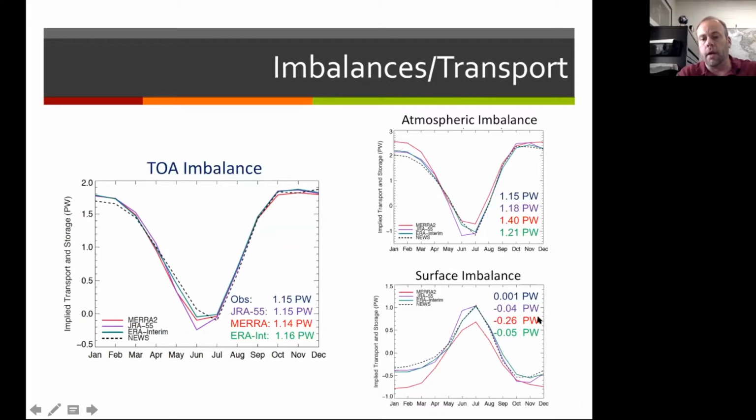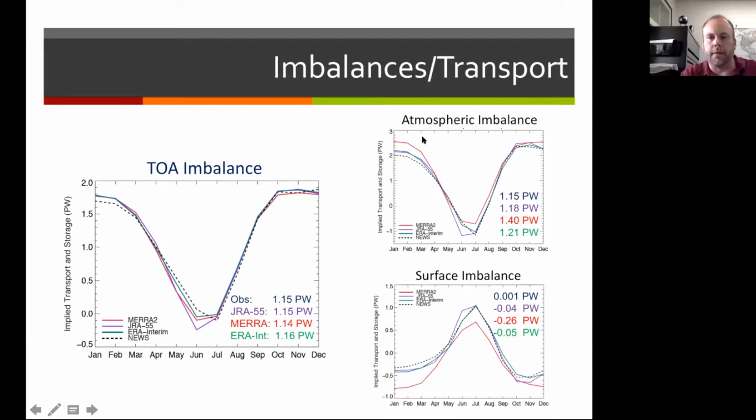MERRA in particular suggests that a significant fraction of the heat transport, nearly a quarter of it, comes in from the ocean, and dramatically overestimates the Arctic atmospheric imbalance. So this calls into some question the ability to use the reanalyses for purposes like tracking changes in the Arctic energy imbalance.